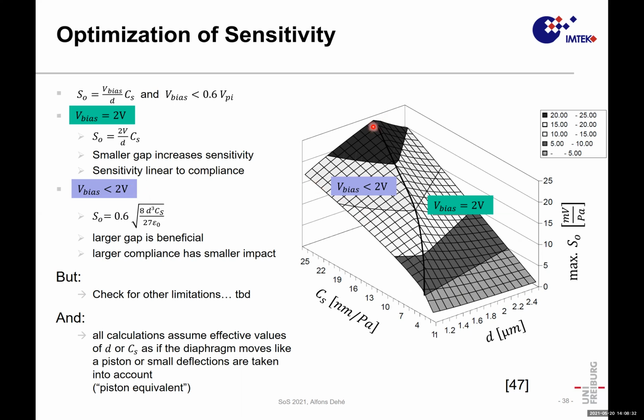And this is the other way of optimization of the system. Basically, it runs to the same point: you want to have not the biggest gap and not the highest voltages, but you run always in this field of optimization. Maximum compliance of the diaphragm is not always the best.